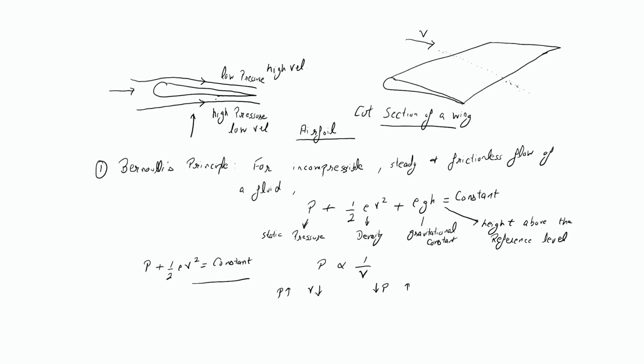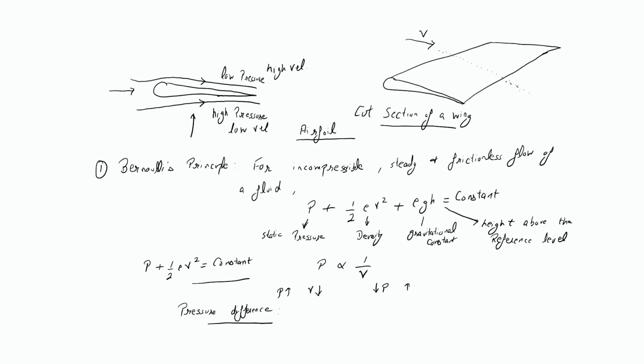So this is how we obtain the pressure difference between the lower surface and the top surface. The idea is to create an upward force which is created by this difference of pressure. So always remember, because of the pressure difference, we obtain this result.